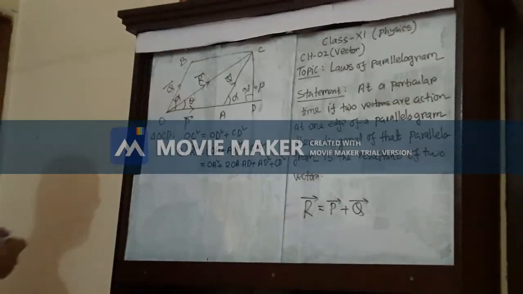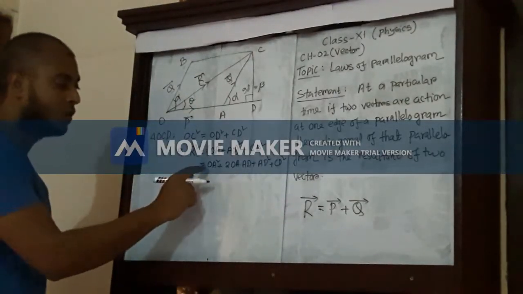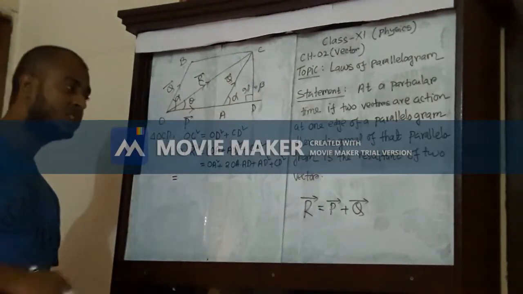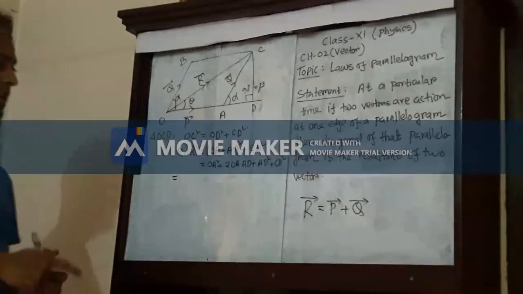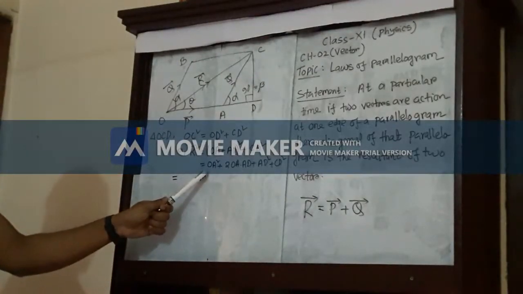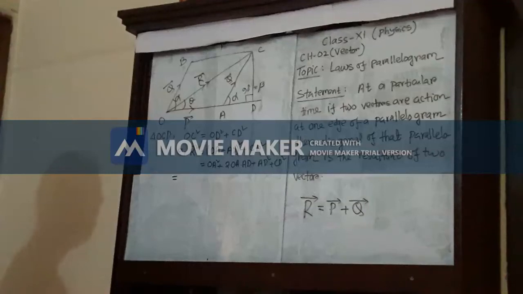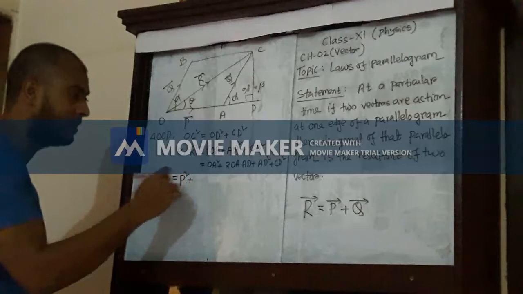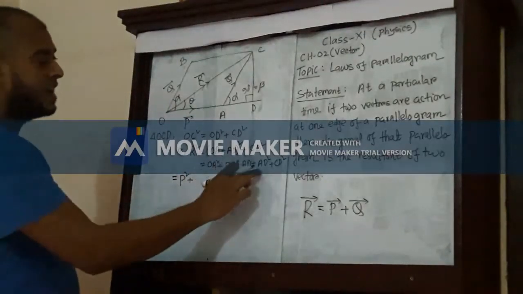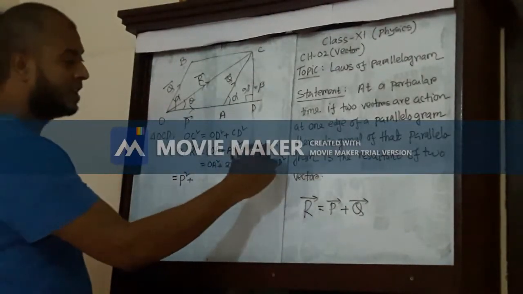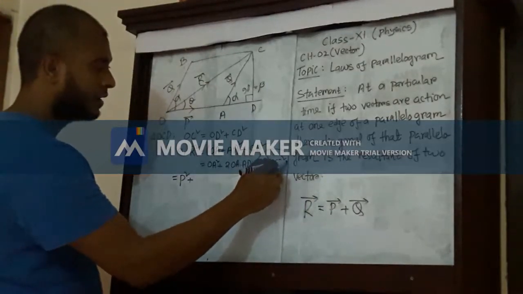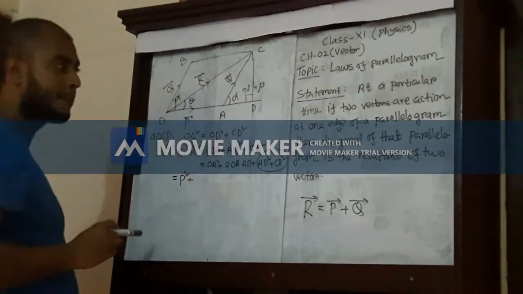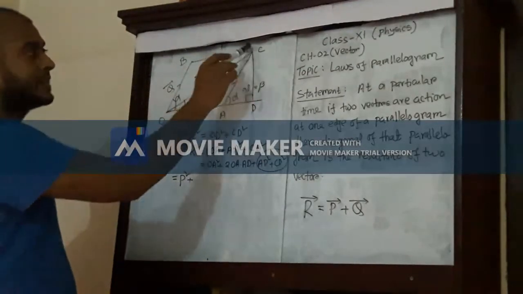Now boys and girls, can I write here that OA is the magnitude of this vector P? So OA is replaced by P, and there is a square there. Then AD square plus CD square can be replaced by AC square in the smaller triangle ACD.